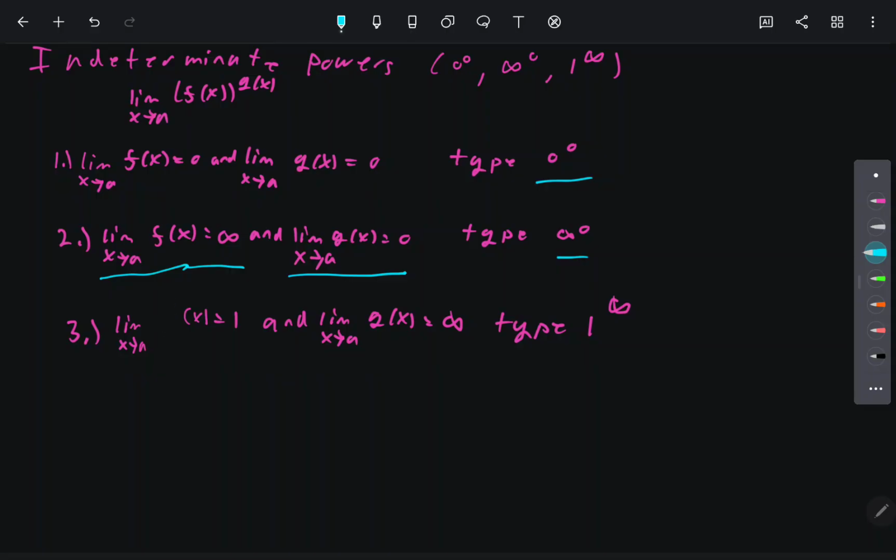And finally, if the limit as x approaches a of f of x is equal to 1, and the limit as x approaches a of g of x is equal to infinity, we get a type of 1 to the power of infinity.